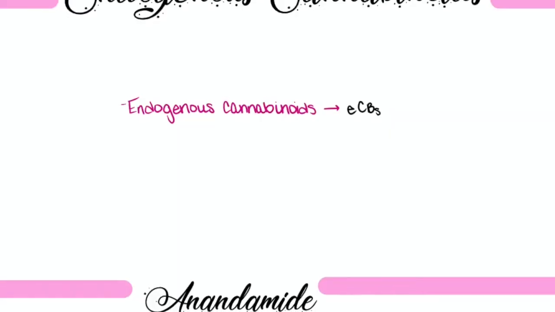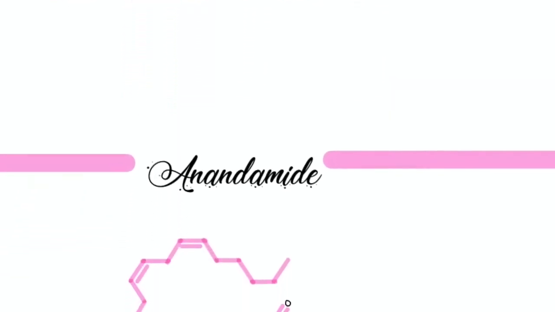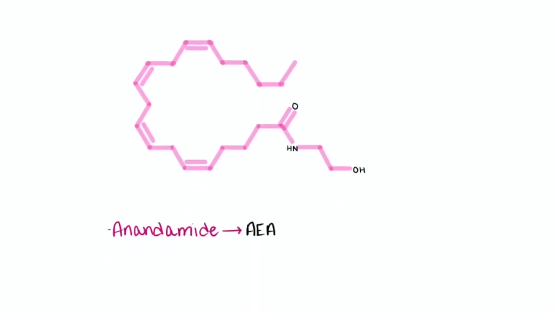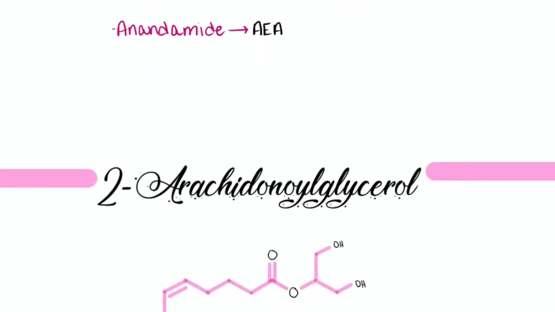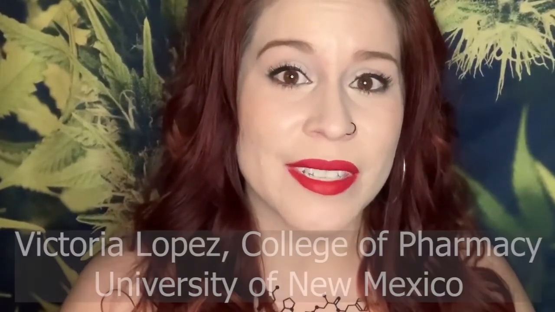The two most common and well-known endogenous cannabinoids are anandamide and 2-arachidonoyl glycerol, 2-AG. I'm just going to say 2-AG to save your ears from me trying to pronounce that word. Sorry. Anandamide was discovered in 1992, and then 3 years later, 2-AG was discovered.